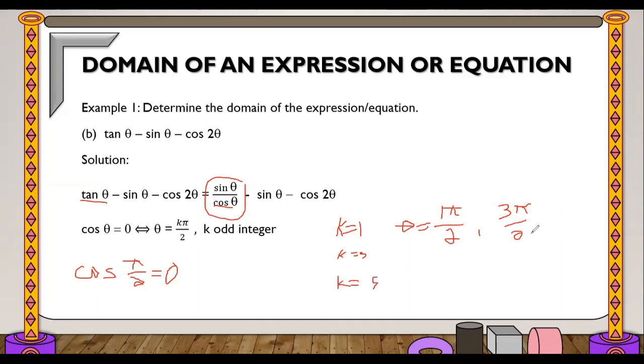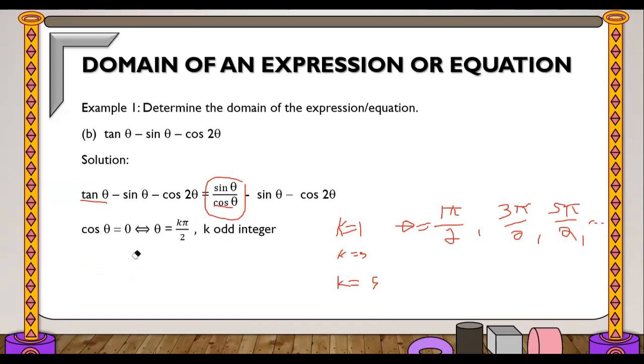So, pag ginawa mong 5 yon, magiging 5 pi over 2 theta. And so on. Yan. So, doon magiging 0 ang ating cosine theta. Therefore, iiwasan yung mga value na yun. Okay? Iiwasan natin yung mga theta na k pi over 2 where k is an odd integer.